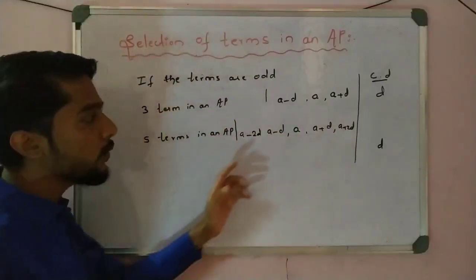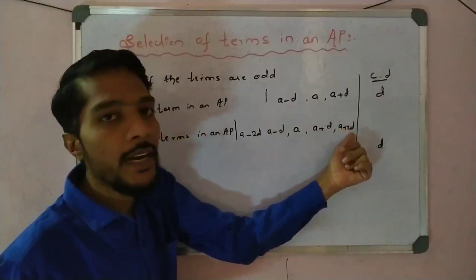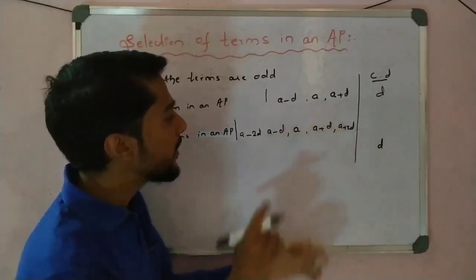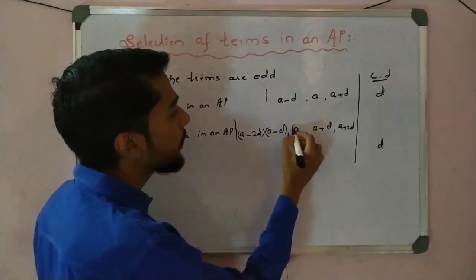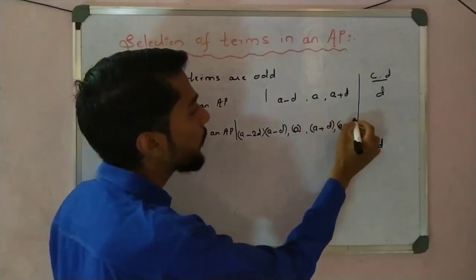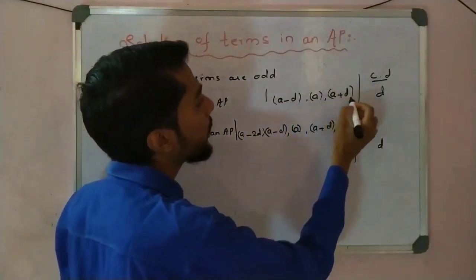On the other side, a minus d with d added gives minus 2d. So like that, this is the first term, second term, third term, fourth term and fifth term.